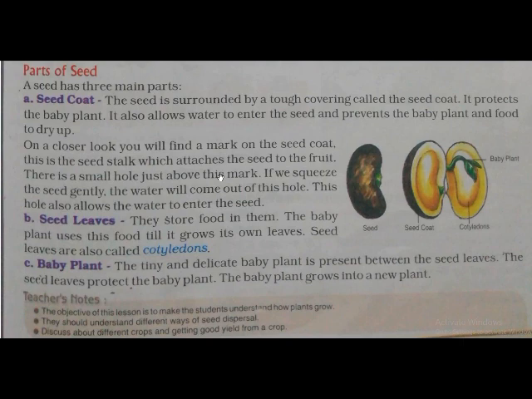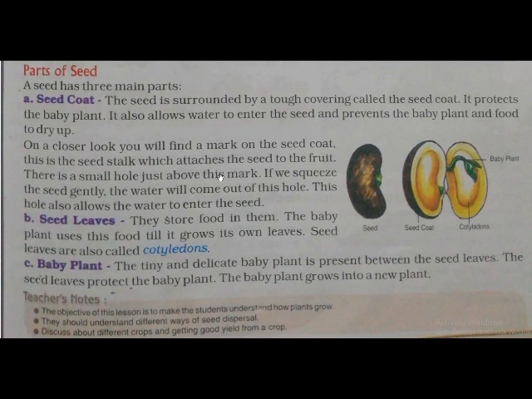This hole also allows the water to enter the seed. So what they are telling, in the seed coat, if you look very nicely, you can see a small opening. There is a small hole through which water generally enters. If you squeeze the seed very gently, then you will see that some water will come from the seed.